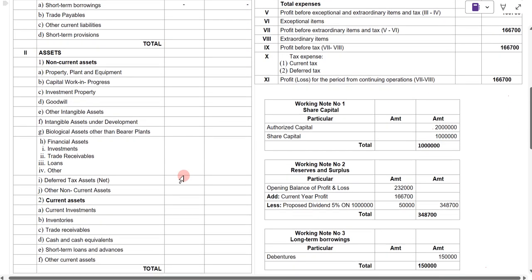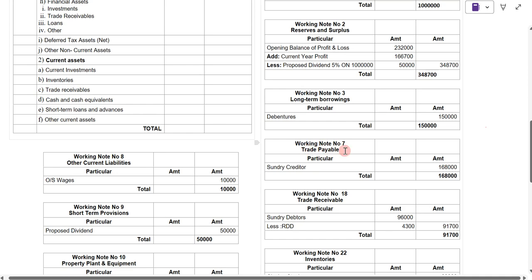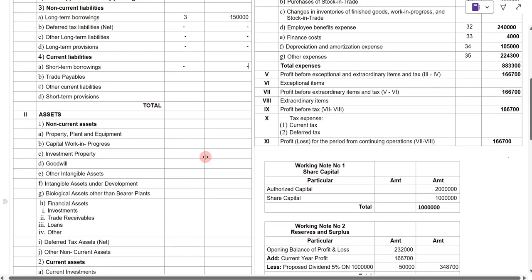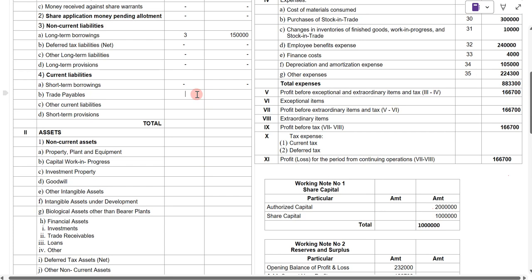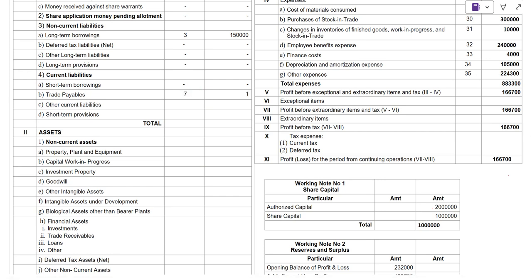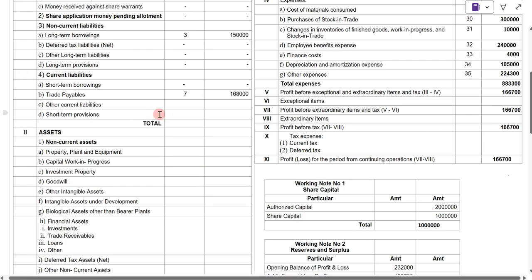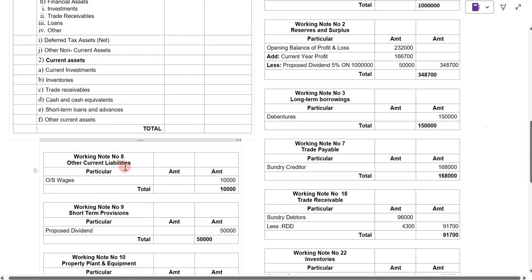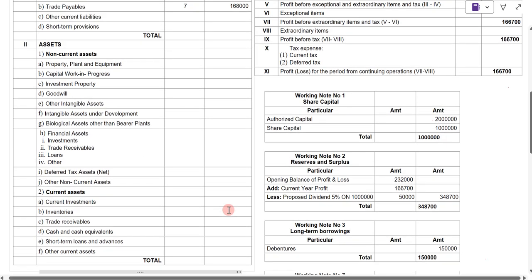Now trade payables, we have prepared the working note for trade payables and the number is 7. The total of trade payables is 1,68,000. Then other current liabilities, note number 8, total is 10,000.